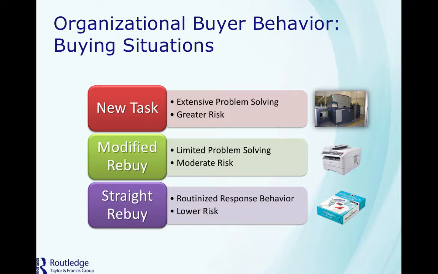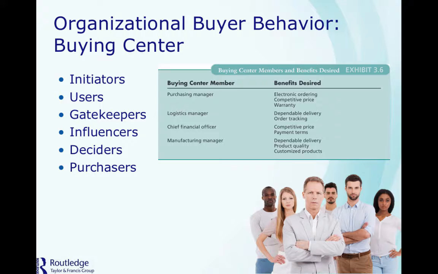The different types of buying situations from the buying center: the new task, modified rebuy, and straight rebuy. The characteristics of those types of purchase decisions, the different roles that exist within a corporate buying center, and the influence that these people have on purchase decisions.